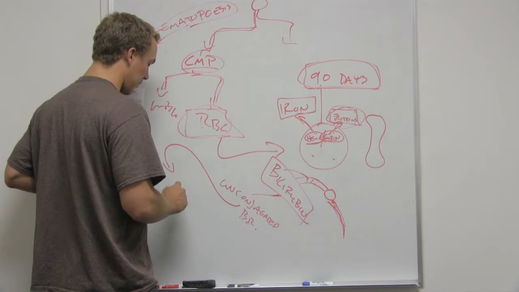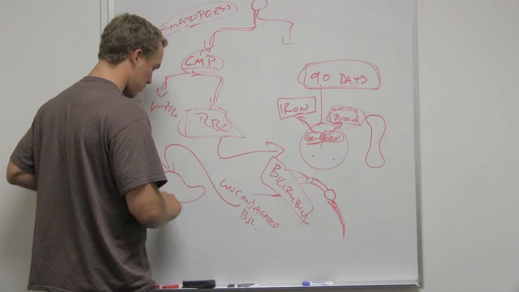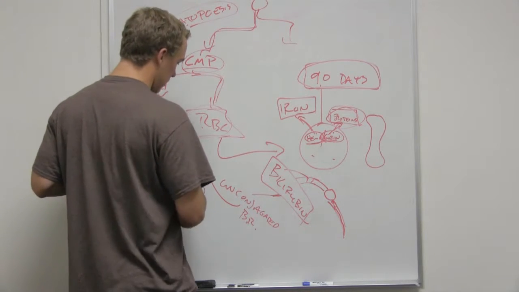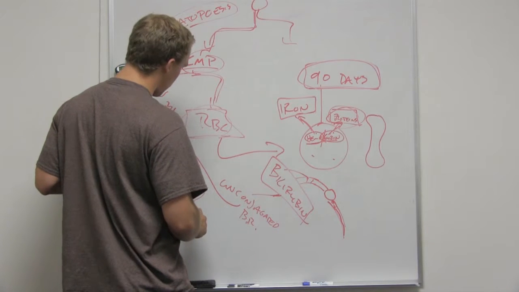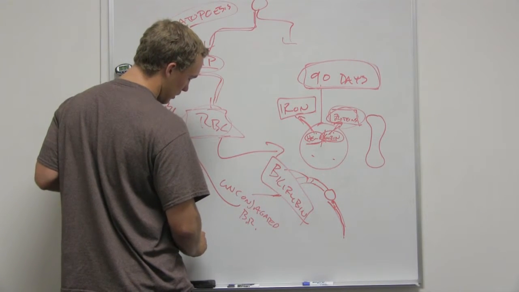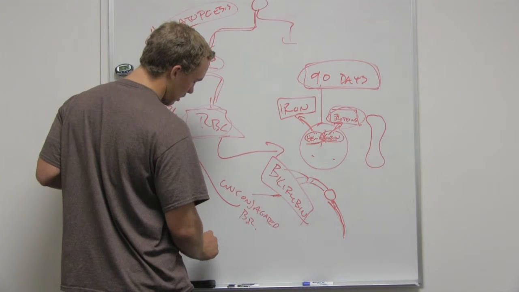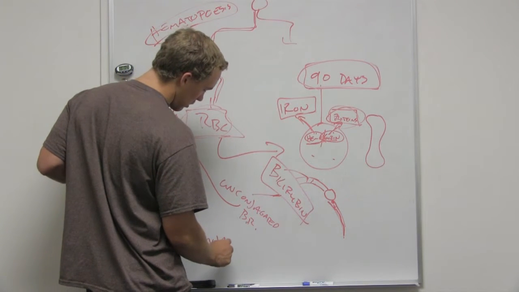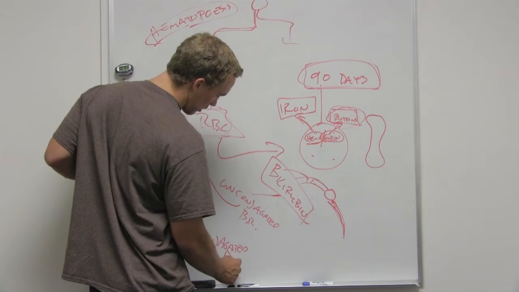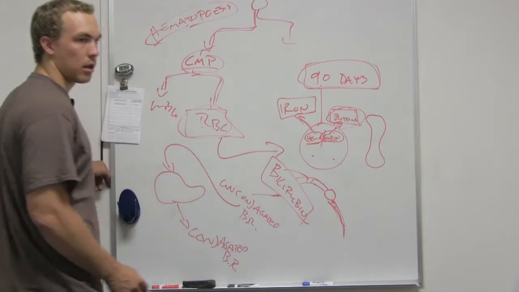It's going to go to the liver, and in the liver, it goes through the hepatic portal system, all that stuff, and it comes out the other end as conjugated bilirubin.